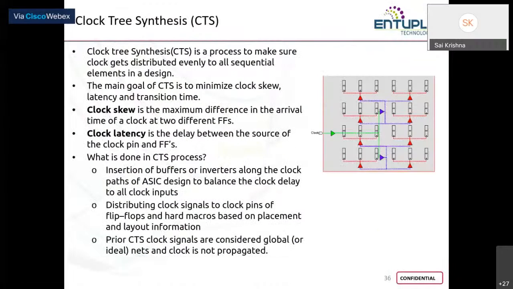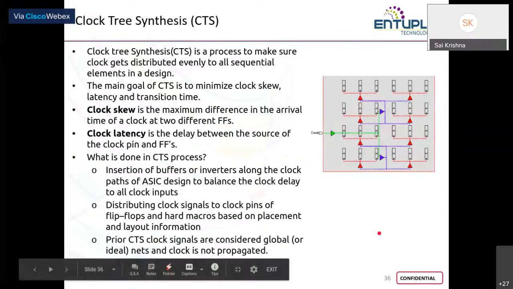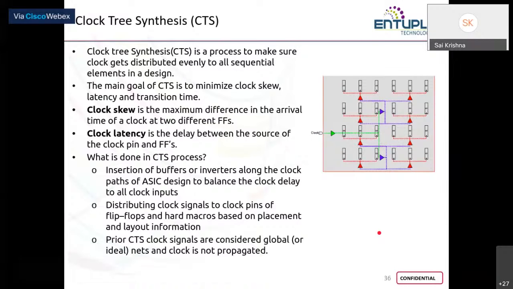So after placement, you check all of these and run an optimization, which can be called post placement or pre CTS optimization. Please note this. It is just before CTS, so it could be called pre CTS or post placement. Generally, pre CTS is preferred.